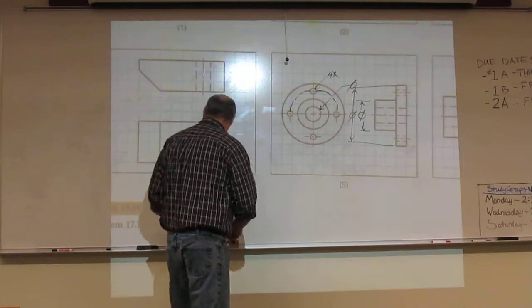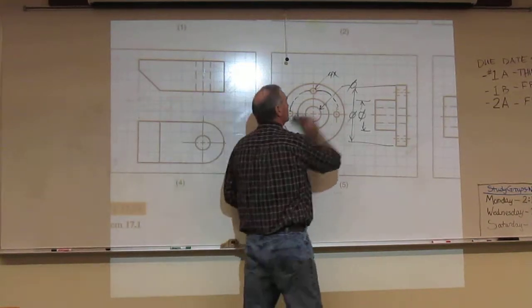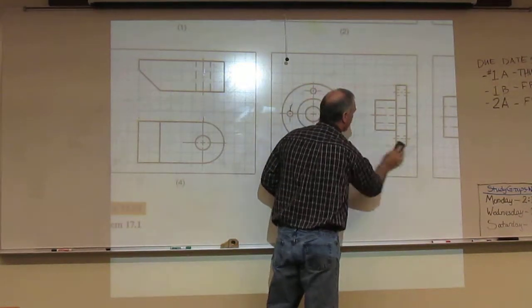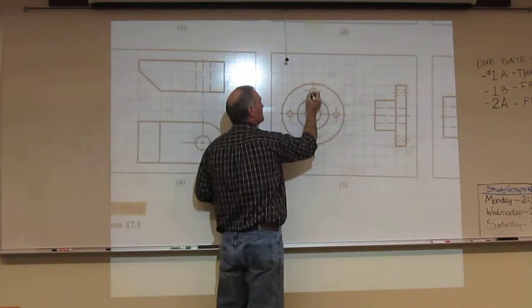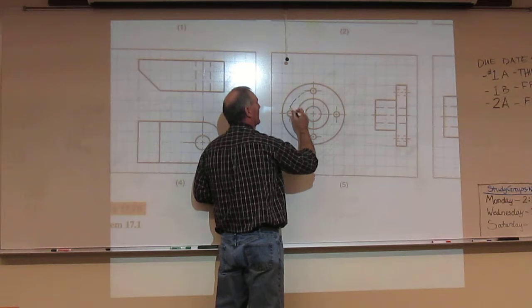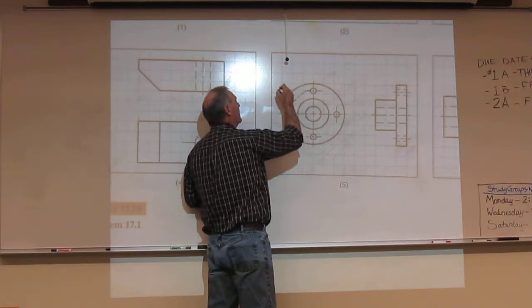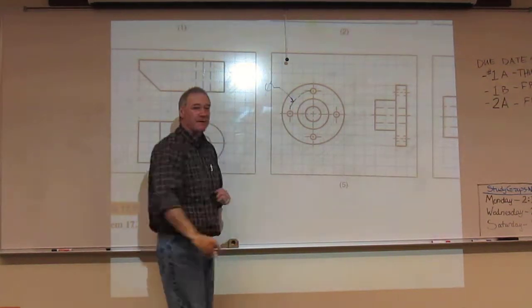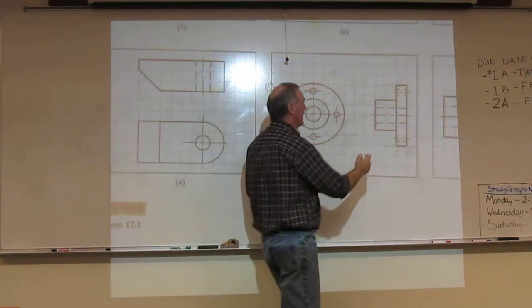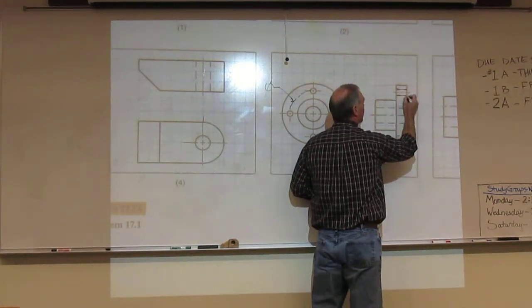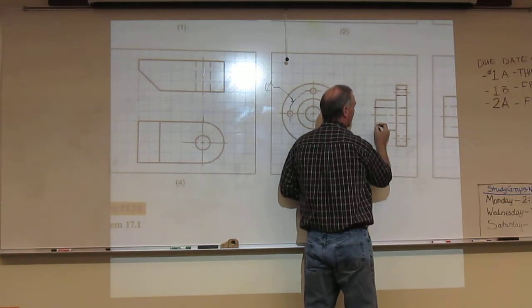Anybody gonna run a section on this guy? If you run a section, this would still be done here, because it's a location. But now, I've got section lines up here, right? So this goes like this, and through.